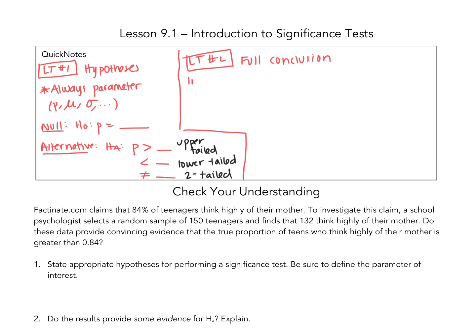The first one is we have to be able to interpret a p-value. The way to do that is we're going to say, assuming H0 is true, and then you're going to say what that H0 is: p equals, mu equals, and so on and so forth.